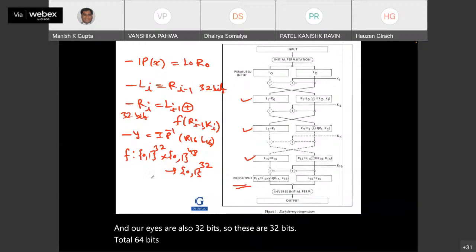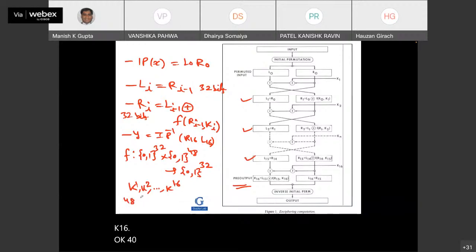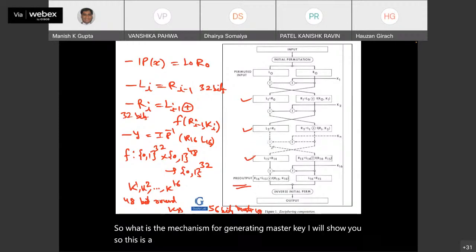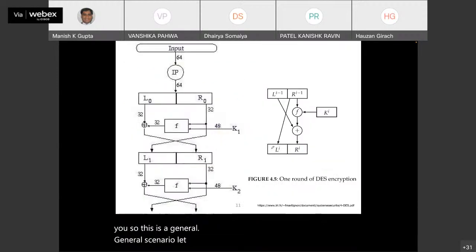And then there is this key schedule K1, K2, up to K16, 48 bit round keys that are derived from the 56 bit master key. So what is the mechanism for generating the master key? I will show you. So this is a general scenario. Let us look at the picture now.